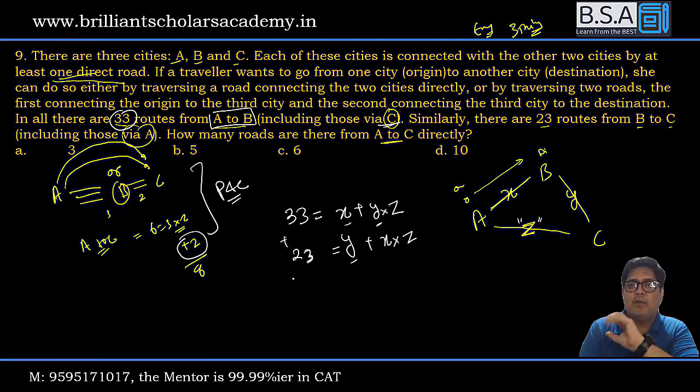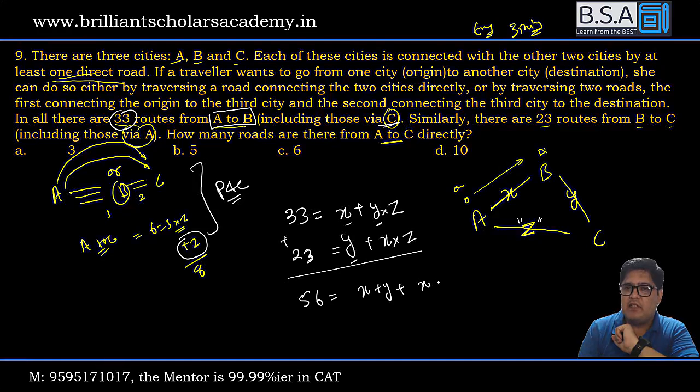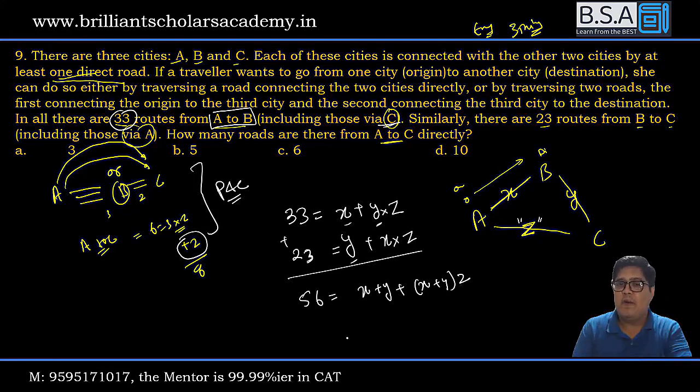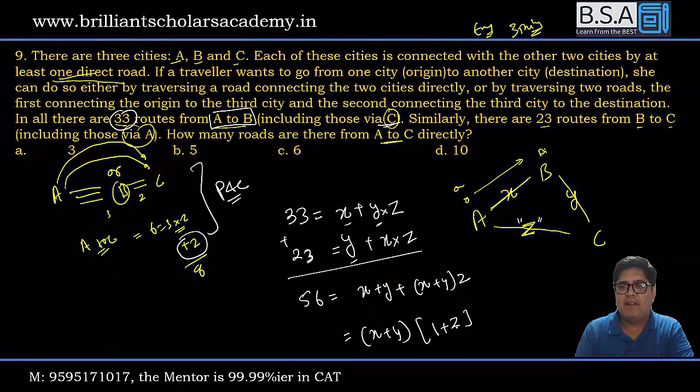If I add both, I have 56 equal to X plus Y plus X plus Y into Z. So what do I have common? I have X plus Y common with 1 plus Z, which is 56.